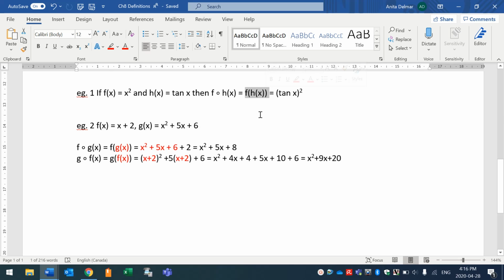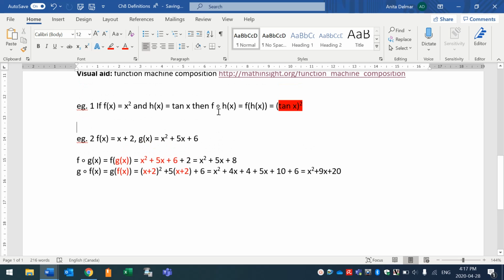And what that means is take the function h of x, which is tan x, put it inside the function f of x, which is x squared, wherever there's an x. Okay, so you just substitute it right in for x in f of x. And the composition of the two functions gives the function tan x all squared. So that's our result of the composition of functions f and h.